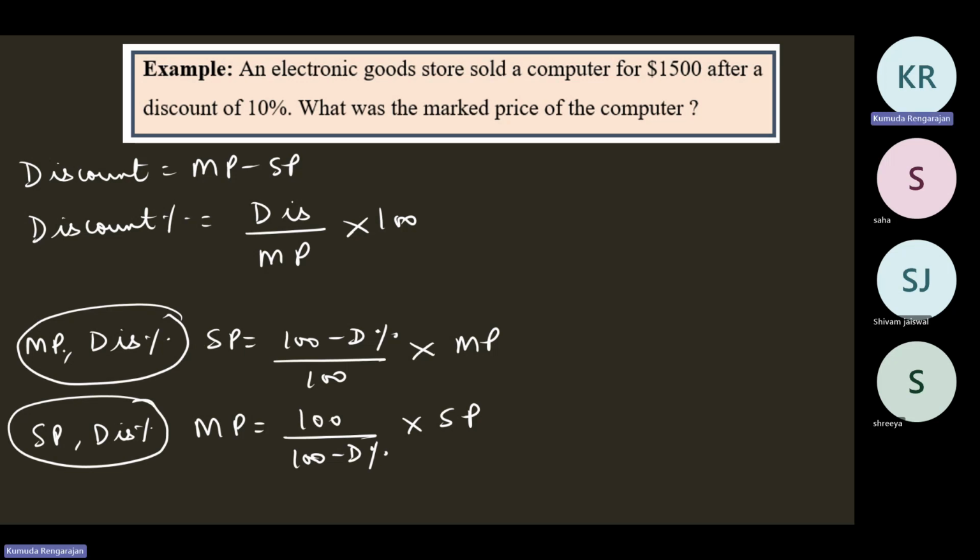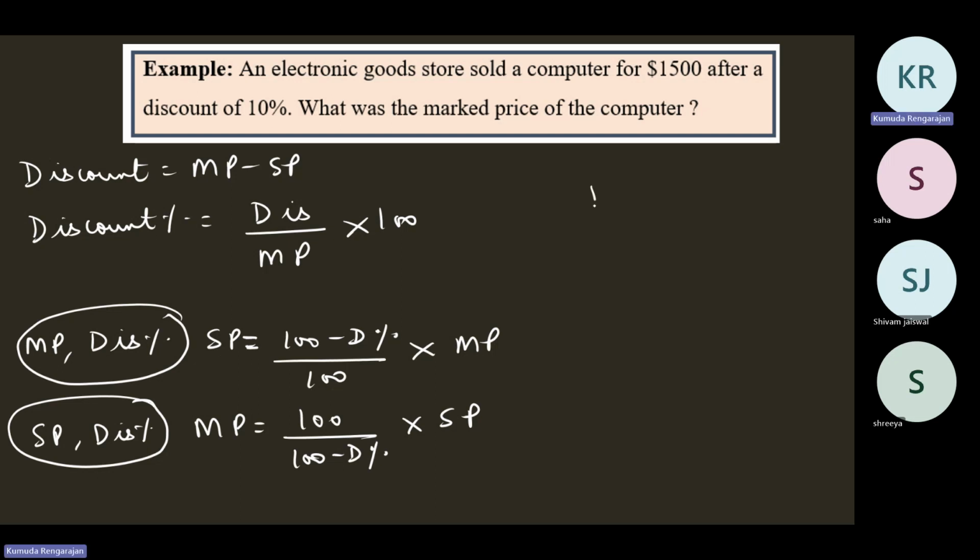So if you know the mark price and discount percentage, then for selling price, you'll always have 100 in the denominator.